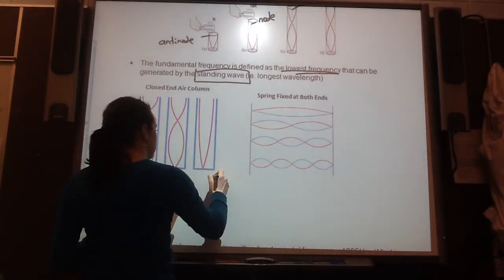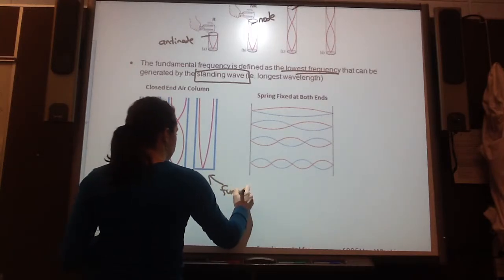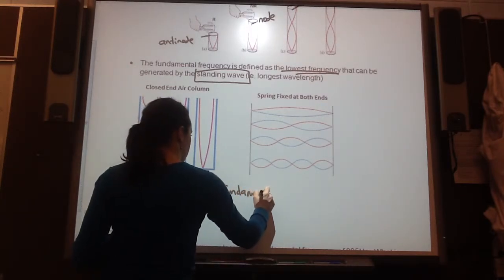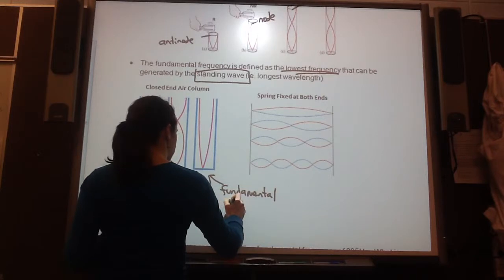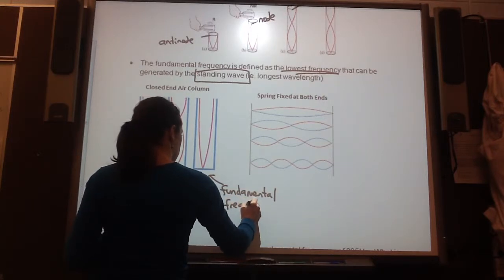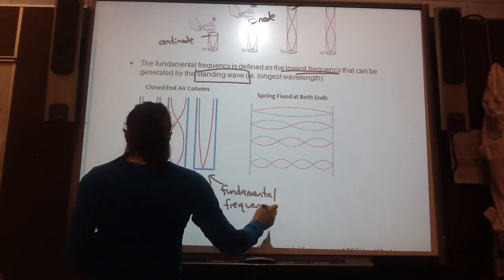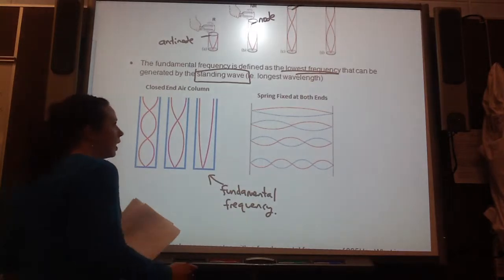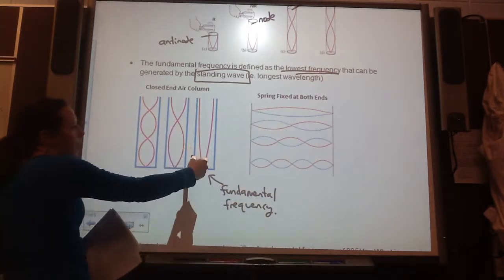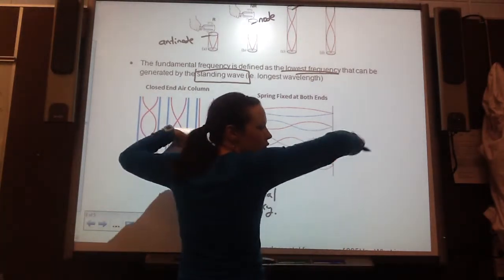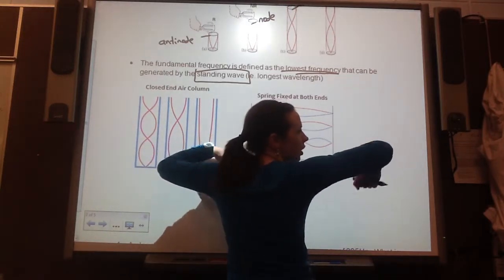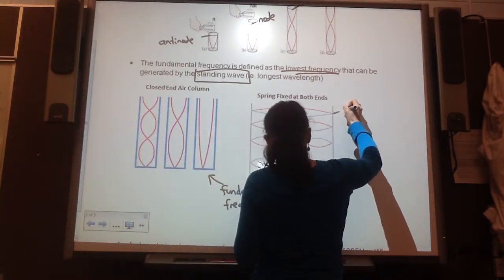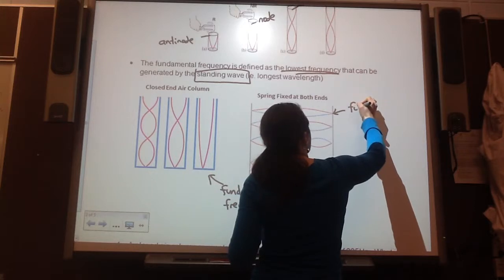So here, this would be the fundamental frequency. And this is like with an air column, and this is like where there's one string with two people holding it. This one is the fundamental frequency.